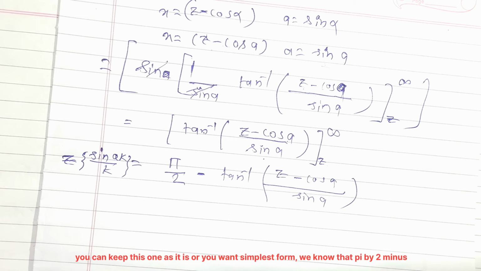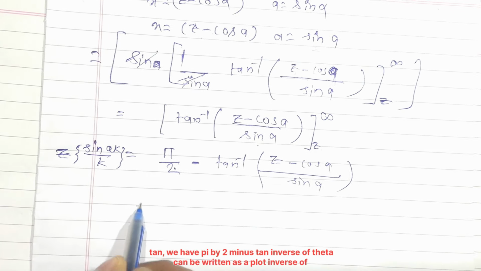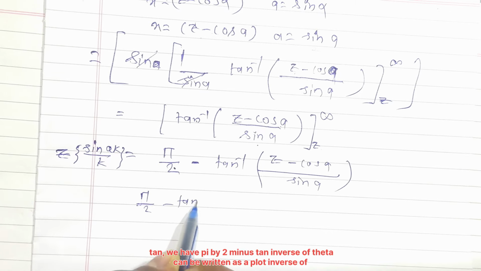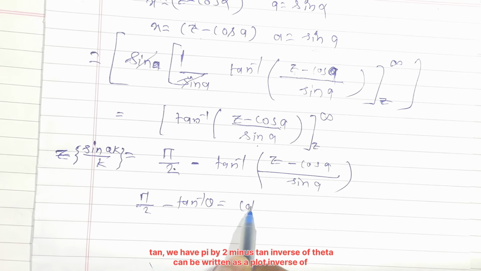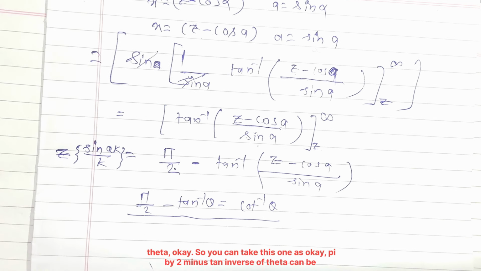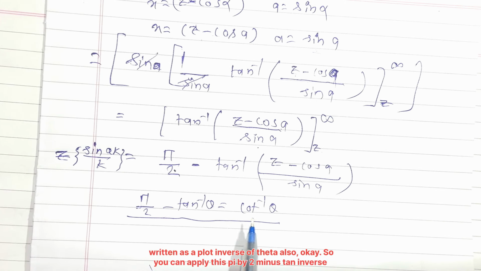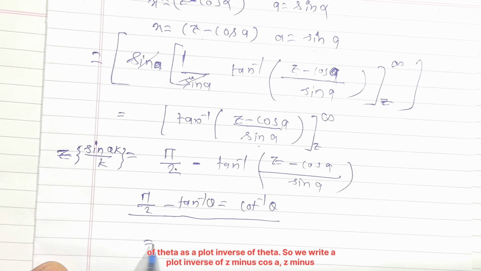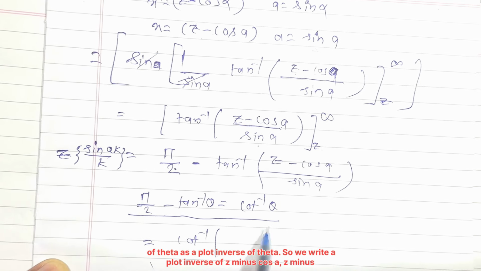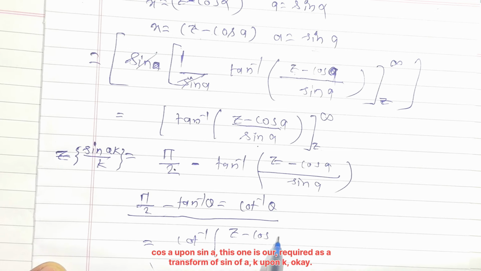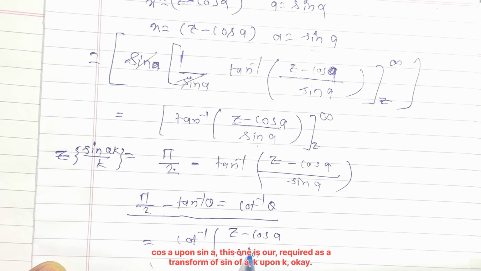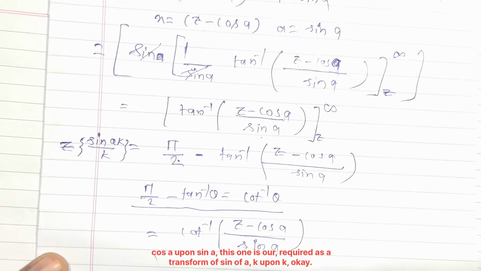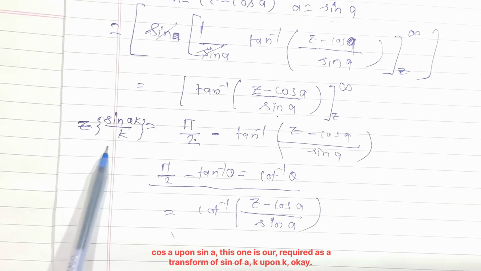You can keep this as it is, or if you want the simplest form, we know that pi by 2 minus tan inverse of theta can be written as cot inverse of theta. So we write cot inverse of z minus cos a upon sin a. This one is our required Z transform of sine of ak upon k.